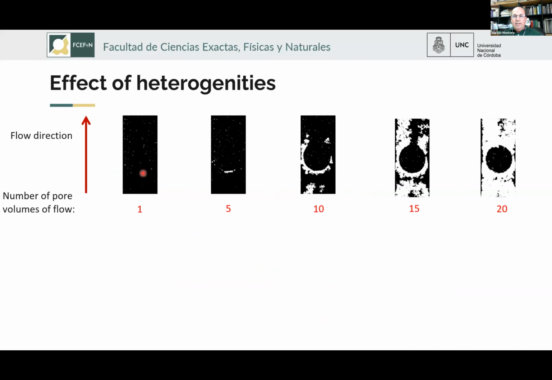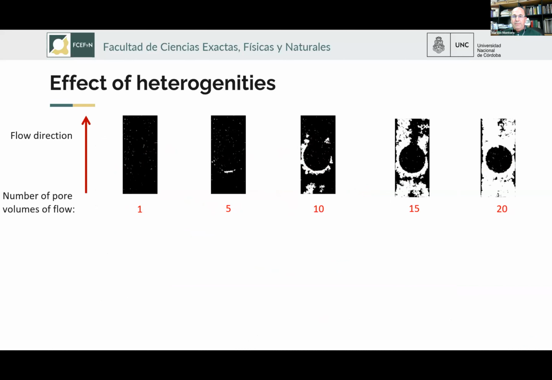In this slide, you may observe how the displacement evolves in the phase of one of these heterogeneous samples composed by a cylinder layer in the central part of the layer. The sequence shows how the immiscible displacement flow evolves after 1, 5, 10, 15, or 20 pore volumes of flow.